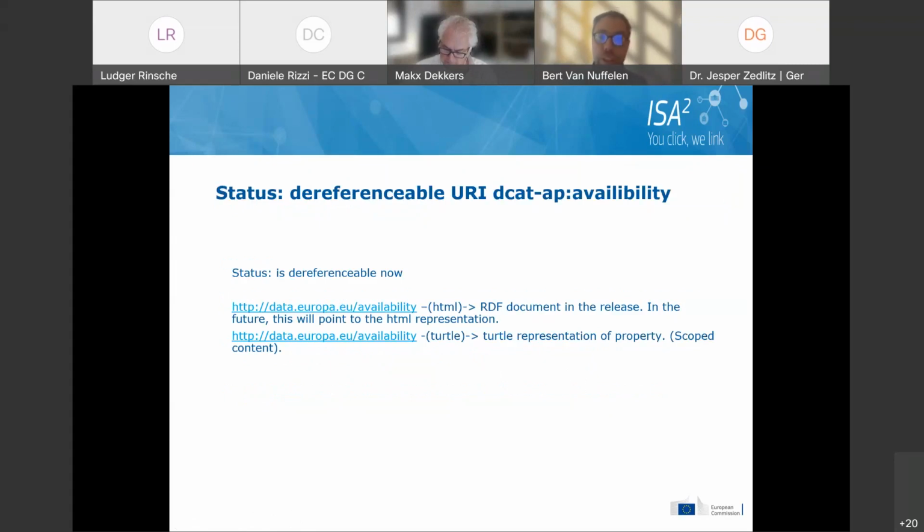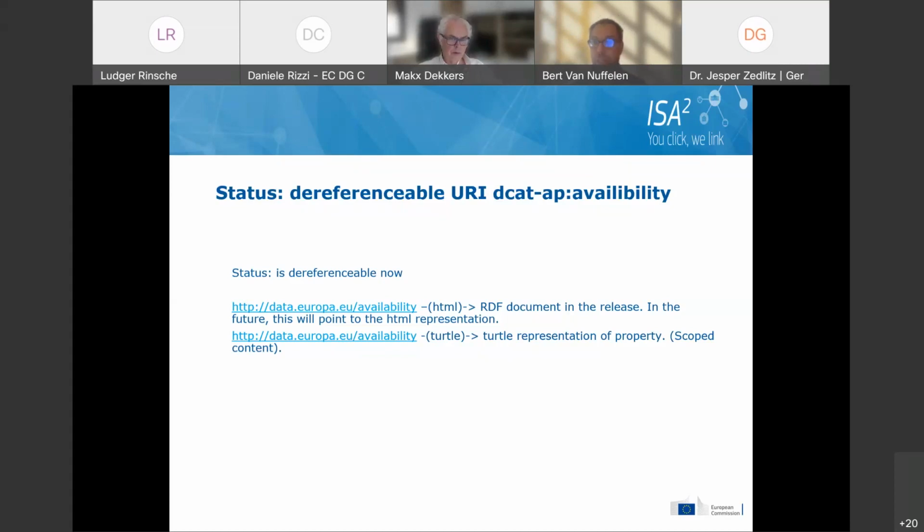Then a bit of a consequence, in these issues raised, there's one of the requests asking whether the URI for availability is dereferenceable. Today it is made dereferenceable. So you can do your curl or make a linked data request, and if you ask for Turtle, you get a Turtle representation of the property, scoped to that property. And if you use the browser, then you get the RDF document that we have next to our specification, as we don't have an HTML representation yet.